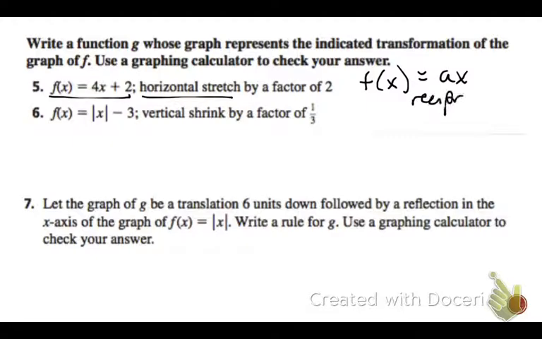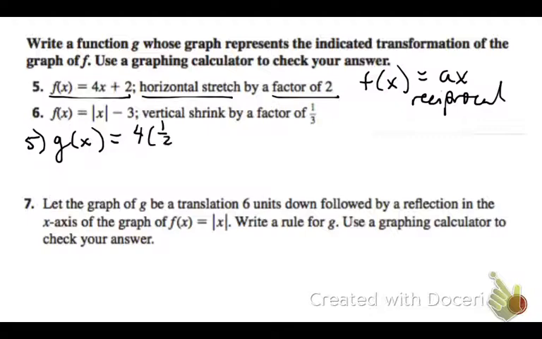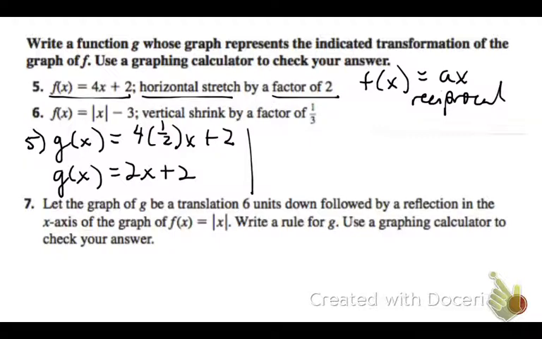If it's horizontal, we're going to use the reciprocal factor, so we're going to use a half. So our new function g of x will be 4 times a half x plus 2. So g of x will equal 2x plus 2.